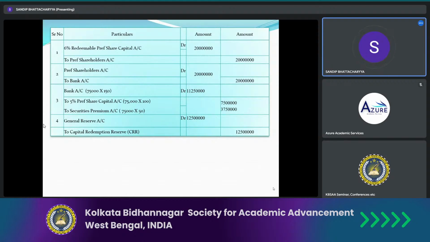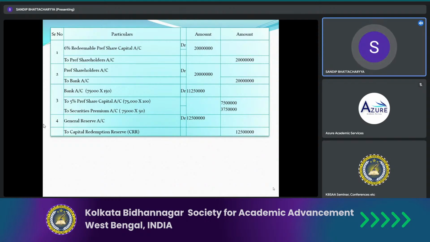I repeat, you just have to memorize this generalized format. First is the due entry, second is the payment entry, third is the new issue, fourth is the premium if there is any, and the fifth one is the journal entry for the capital redemption reserve.